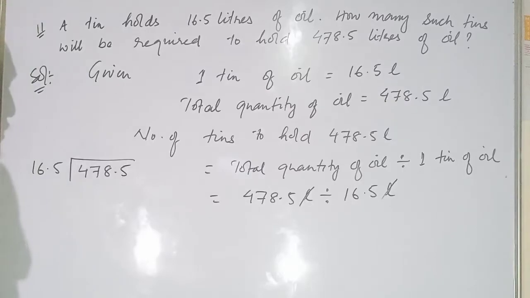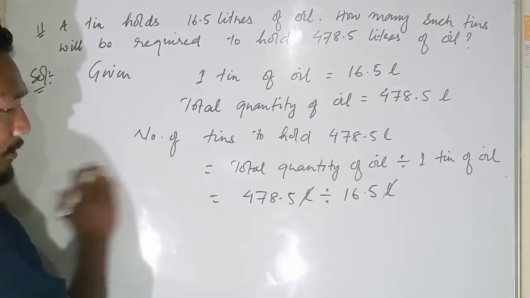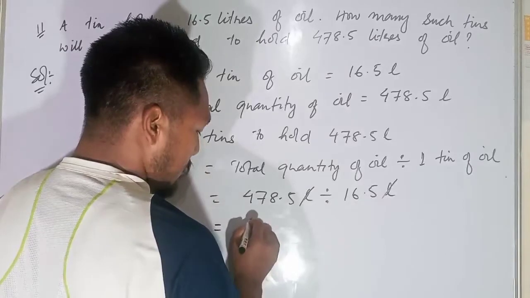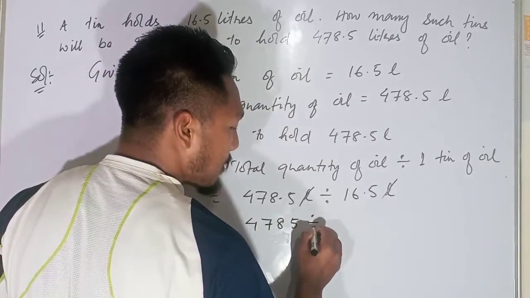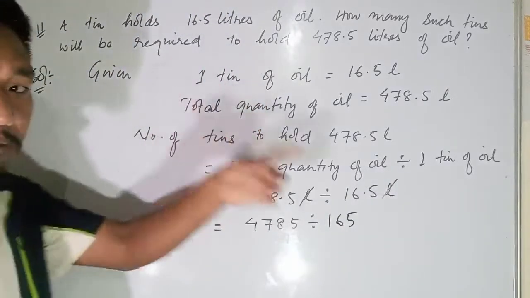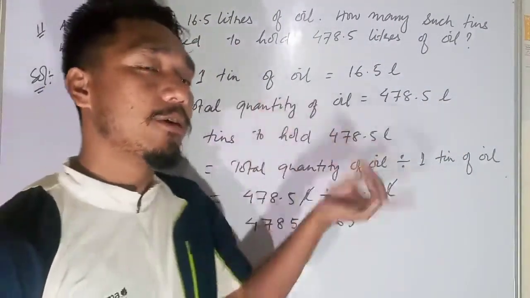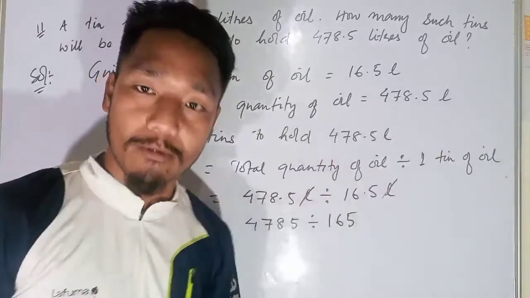Here we have a point and a point. Right after the point we have one number in both, so I can easily remove this point. In division we have discussed that if we have an equal number of decimal digits, we can easily remove the point.